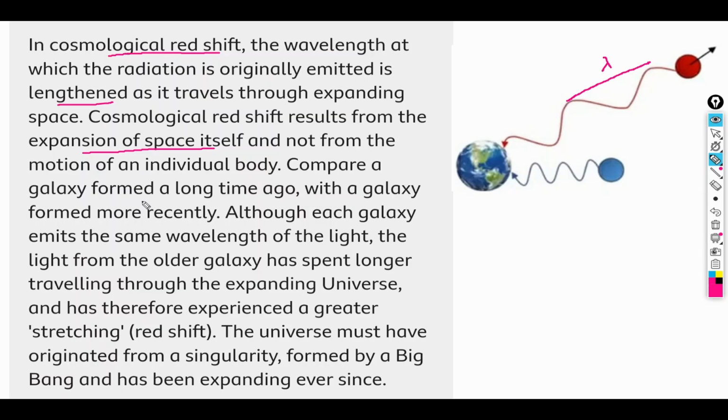Compare a galaxy from a long time ago with a galaxy from more recently. Although each galaxy emits the same wavelength of light, the light from the older galaxy has spent longer traveling through the expanding universe, so obviously its wavelength will be more than that of newly formed galaxies. That stretching is redshift. The universe must have originated from a singularity formed by a Big Bang and has been expanding ever since. Hope you have understood that concept.